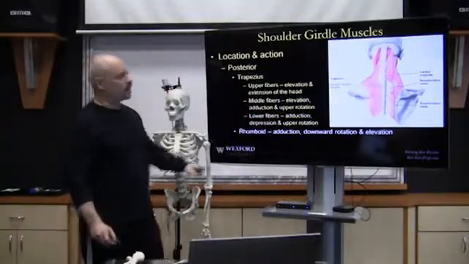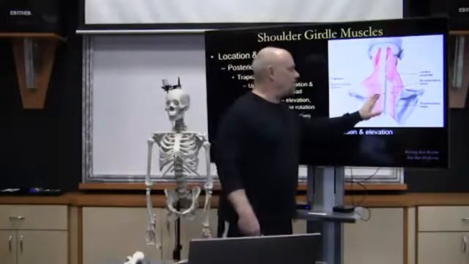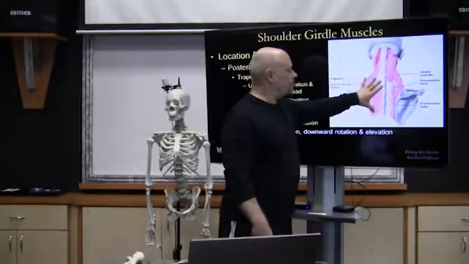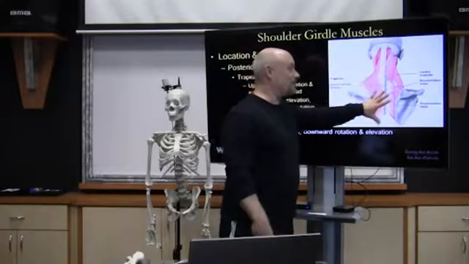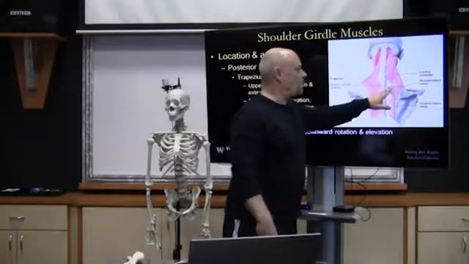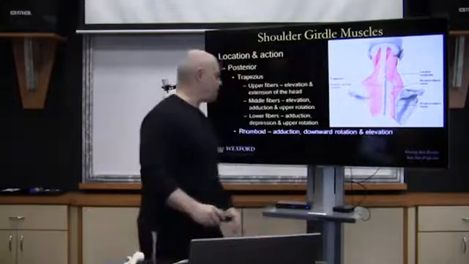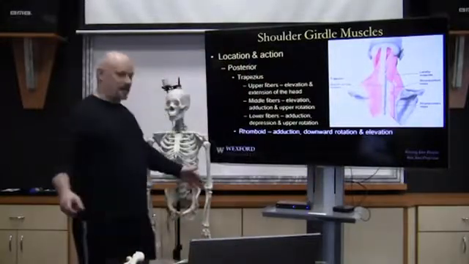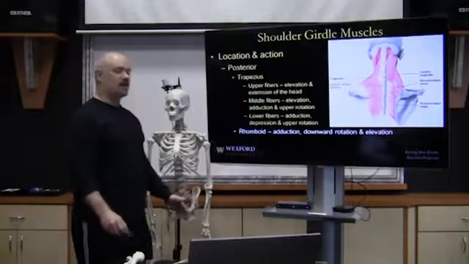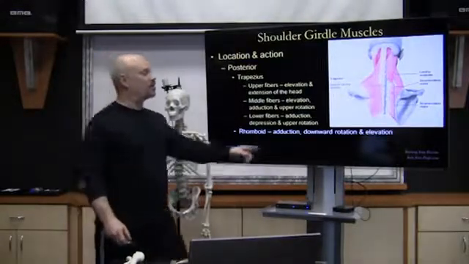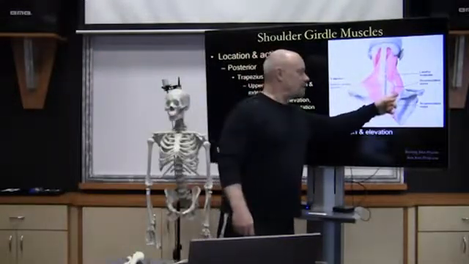Now the rhomboids, like I said, are underneath the trapezius muscles. We have the rhomboid minor and the rhomboid major. They cause adduction and retraction of the shoulder blades. They cause downward rotation. When they contract, remember, here's the origin, here's the insertion.